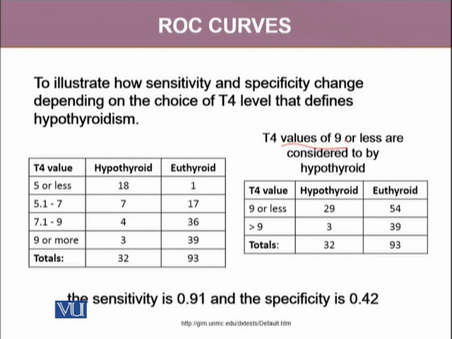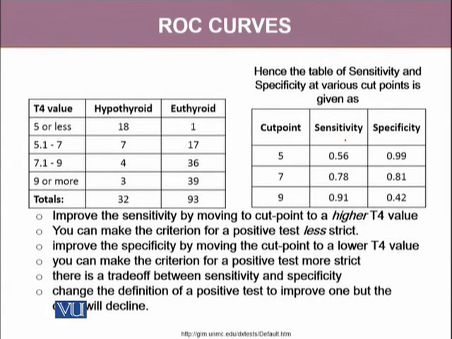So you might notice that in all these 3 different cut points, an increase in sensitivity resulted in a decrease in specificity. So you can make the criterion for a positive test stricter. There is a trade-off between sensitivity and specificity we have to look after.